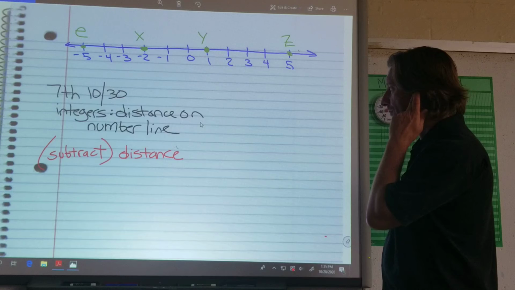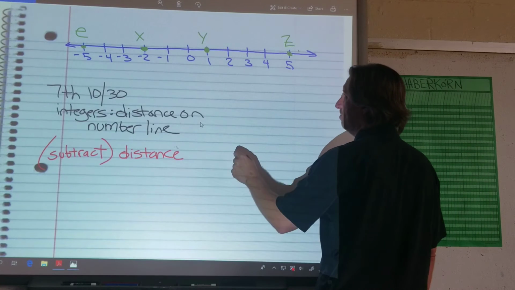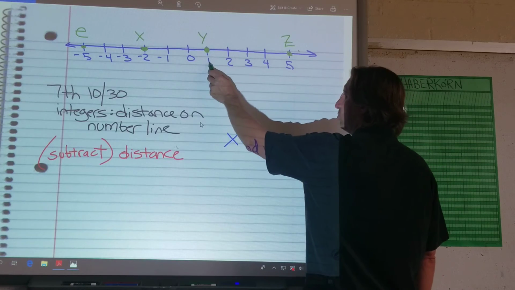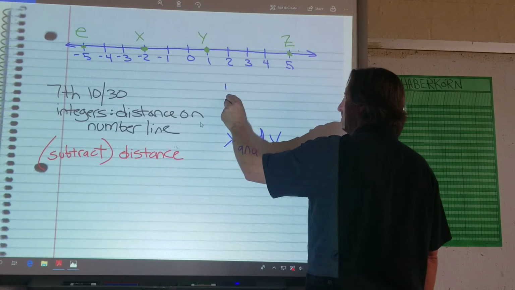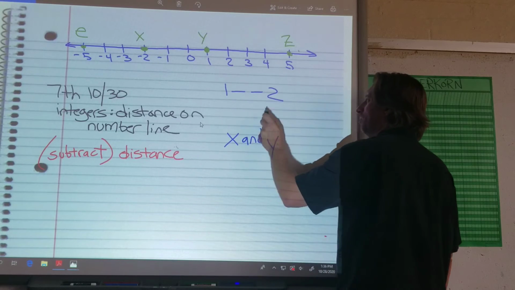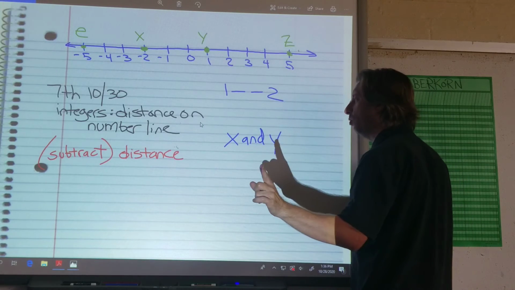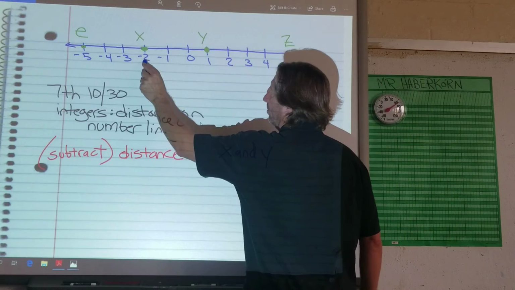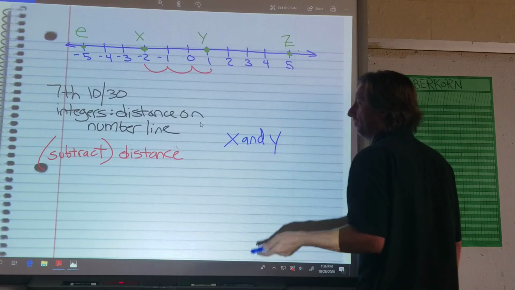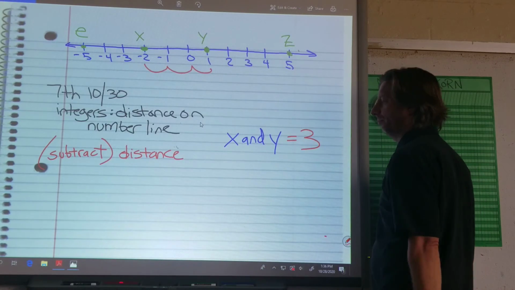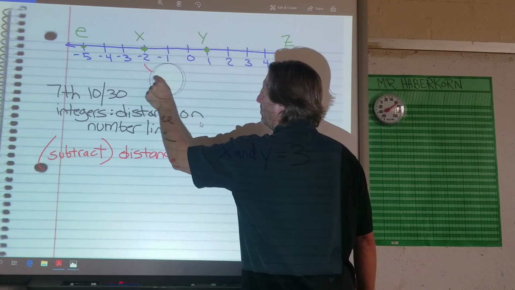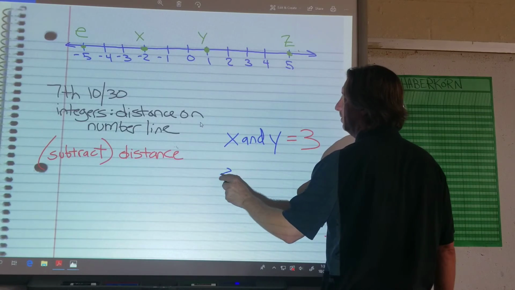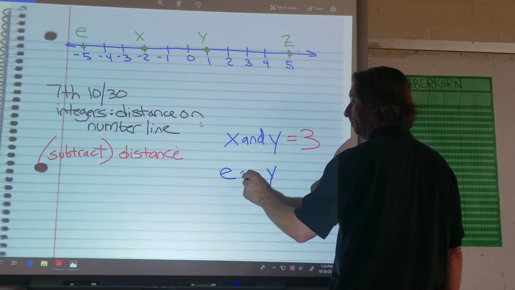All right. So if I asked you the distance between X and Y, now this one's a lot harder to subtract because I have a 1 and a negative 2. 1 minus negative 2. We haven't learned that yet. Maybe you learned it in 6th grade. I'm not sure. But we're just going to use the loop method. 1 loop, 2 loops, 3 loops. Oh, the distance is 3. What about the distance between, let's say, E and Y?